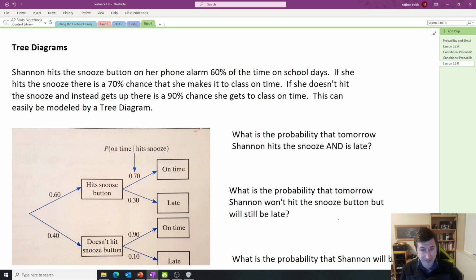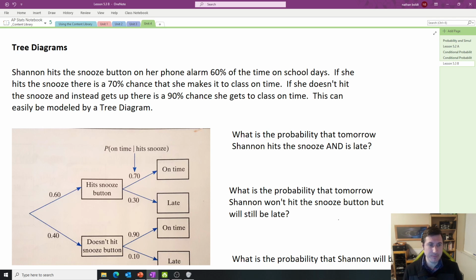Only 60%? I do it every day. If she hits the snooze, there is a 70% chance that she makes it to class on time. Yeah, that sounds about right. It's dangerous to hit that snooze button. If she doesn't hit the snooze and instead gets up, there is a 90% chance she gets to class on time. Yeah, there's always a chance you don't get there.